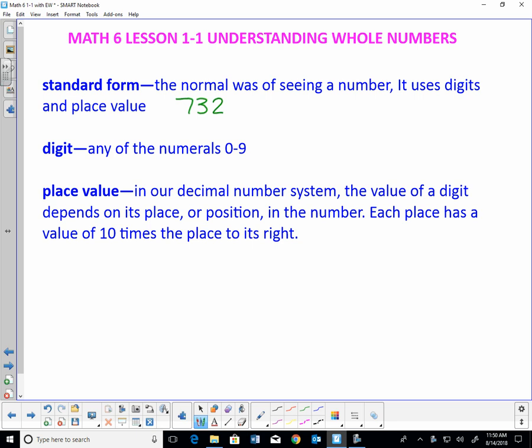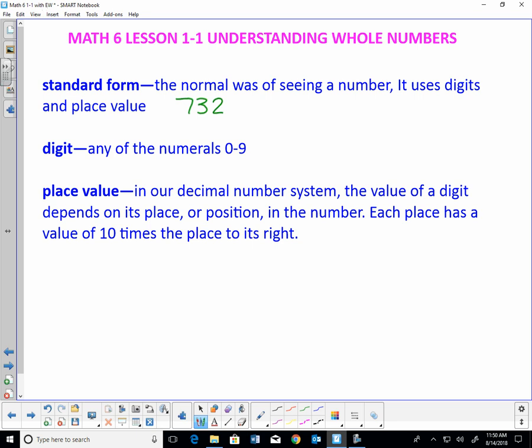Place value. In our decimal number system, the place value of a digit depends upon its place or position in the number. Each place has a value of 10 times the place to its right.